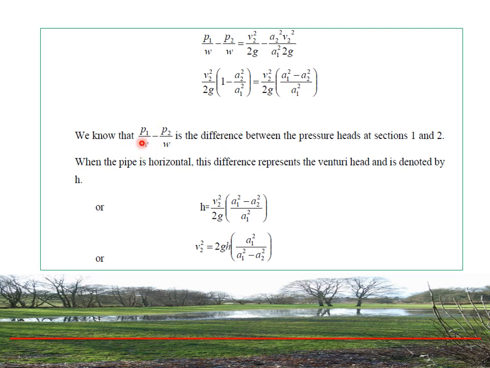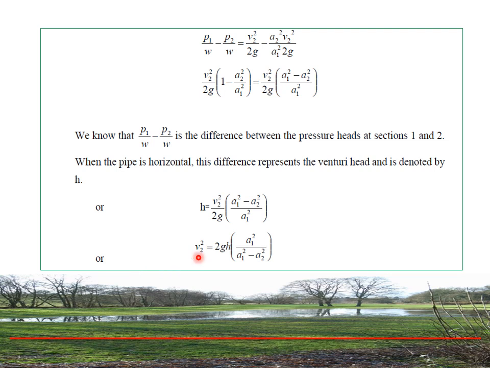We know that P1 by W minus P2 by W is the difference between the pressure head at section 1 and 2. So P1 minus P2 by W is the pressure head H, equal to V2 square by 2g times A1 square minus A2 square by A1 square.